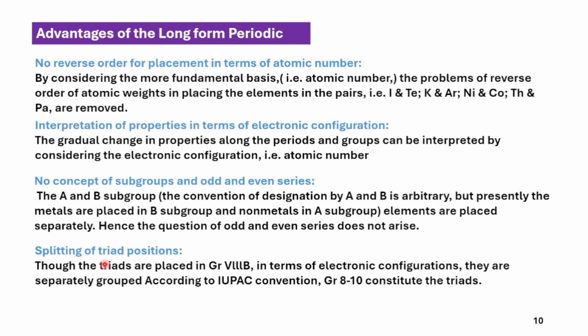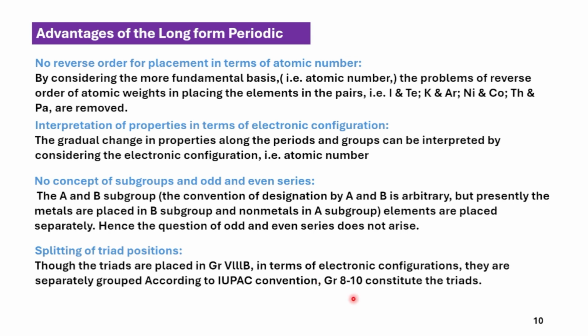Splitting of triad positions. We have already seen that in Mendeleev's periodic table, in group 8 we were keeping three elements, and we were calling it a triad. Now it has been removed. Though the triads are placed in group 8B, in terms of electronic configurations they are separately grouped according to the IUPAC convention.